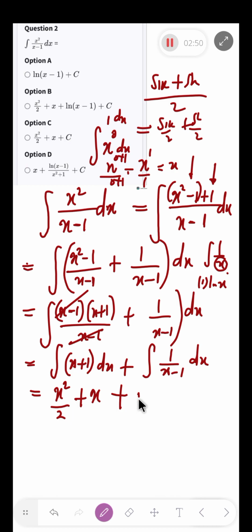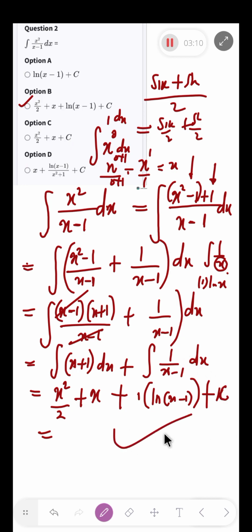So 1 times ln of x minus 1, then plus constant c. So trivially, my answer is option B: x squared over 2 plus x, plus ln of x minus 1, plus constant C. That's how it works. Please take note of that.